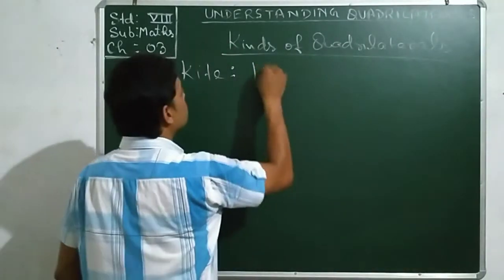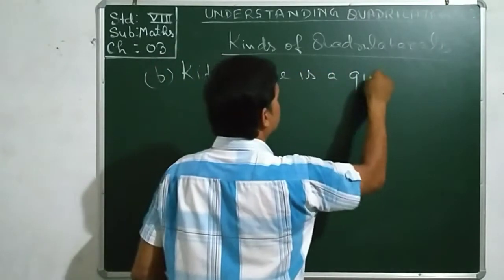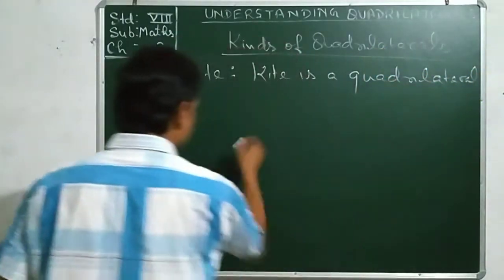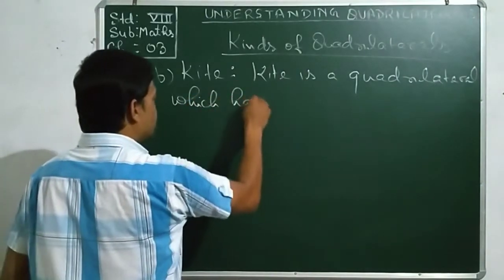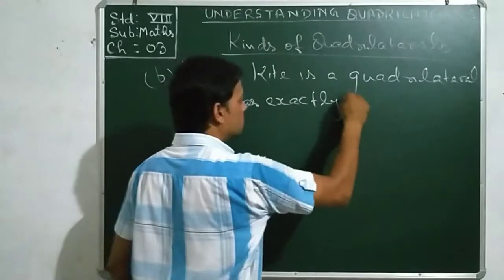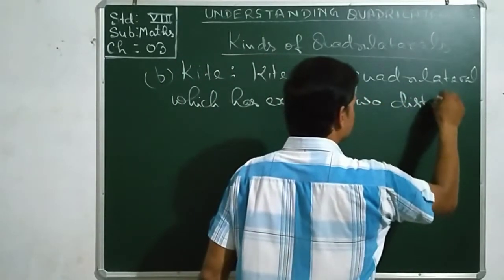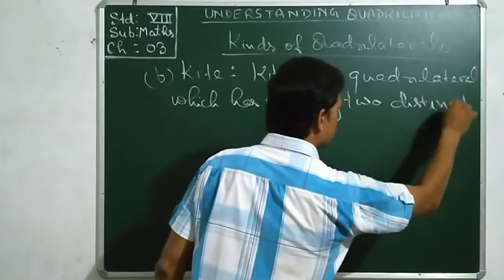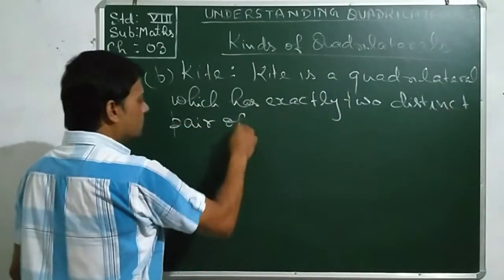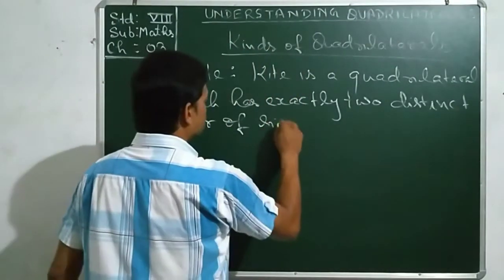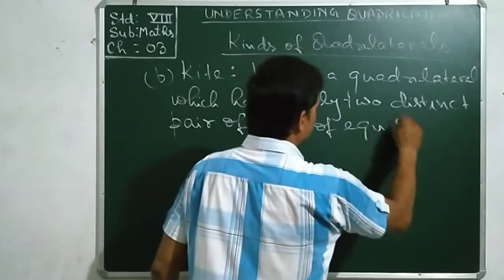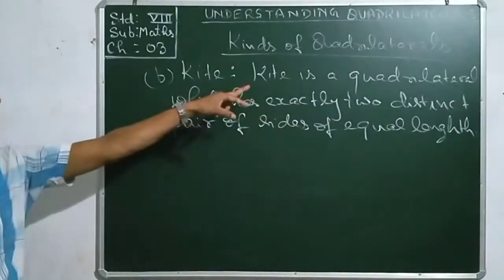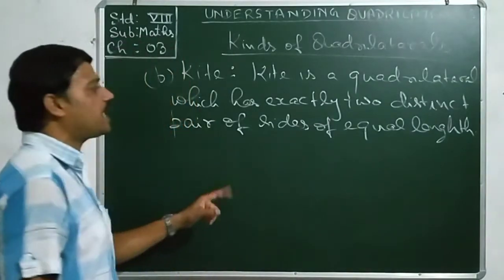That is, a kite is a quadrilateral which has exactly two distinct pairs of sides of equal length.